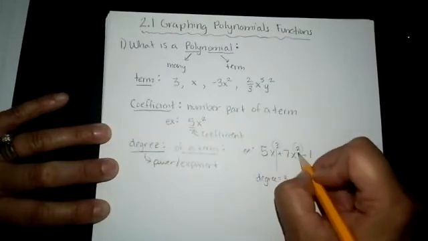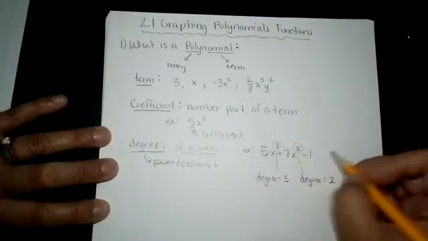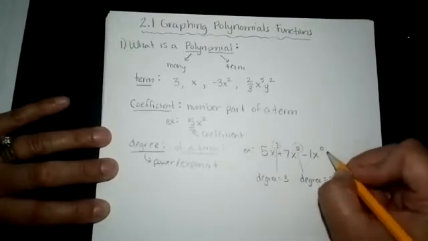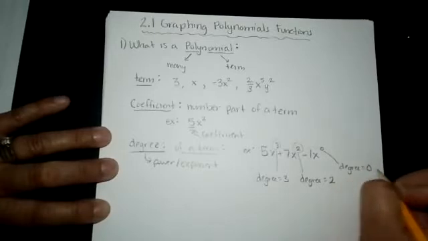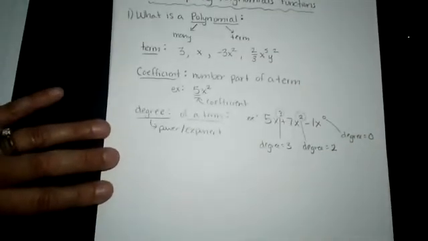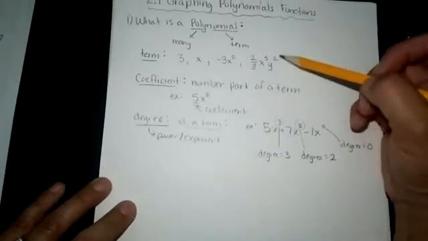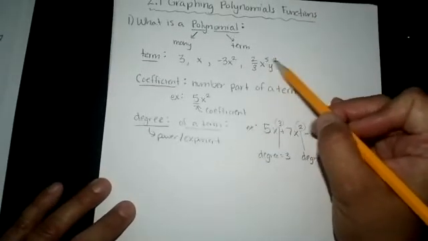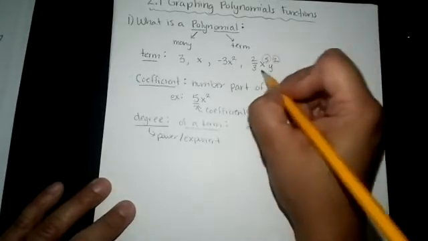Right here the degree is a 2. Now right here, there's actually an x to the 0, you just don't see it. So this has a degree of 0. Now, next, if you have something like this, the degree would be 7. 5 plus 2, you add up the exponents. So the degree here would be 7 in this term.